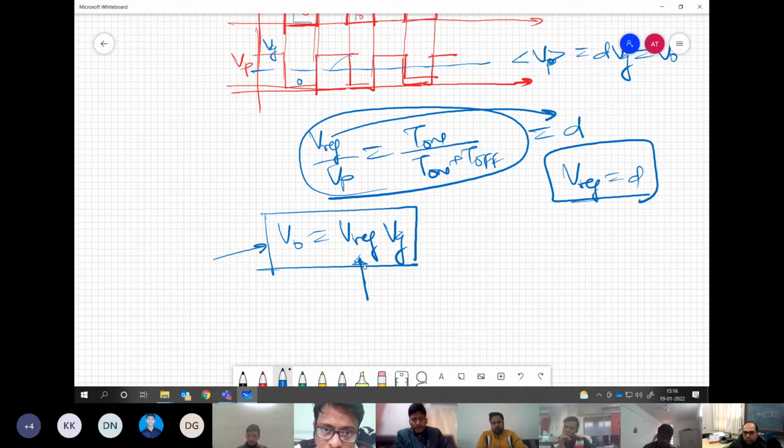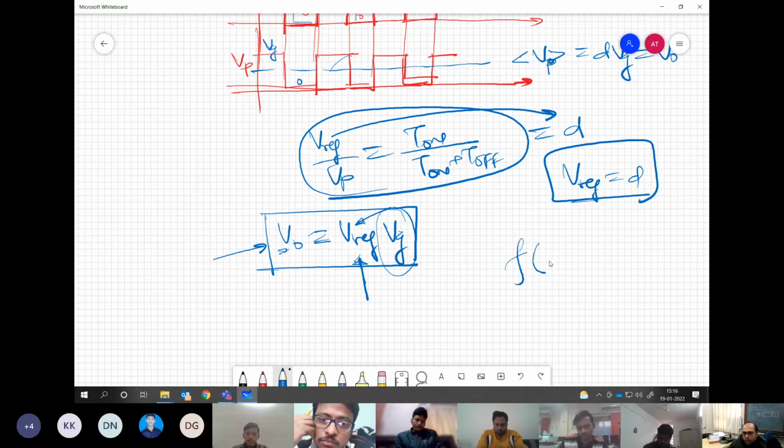So this is the function which defines what input you provide and what output you are going to get for the given DC bus voltage. You understanding my point? This is the function I was talking about, and it is only a constant gain, which is equal to the DC bus voltage.